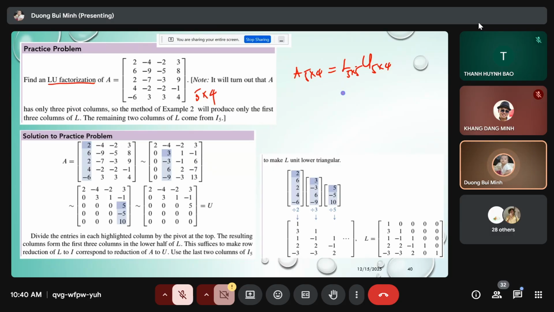Now the first column here is 2, 6, 2, 4, minus 6, with the leading entry. After some steps, it is 0, 0, 0, 0, and you can get 3. We copy this one to here and then continue. We modify; this one has no leading entry, 0, and so on. So now this is the leading entry.